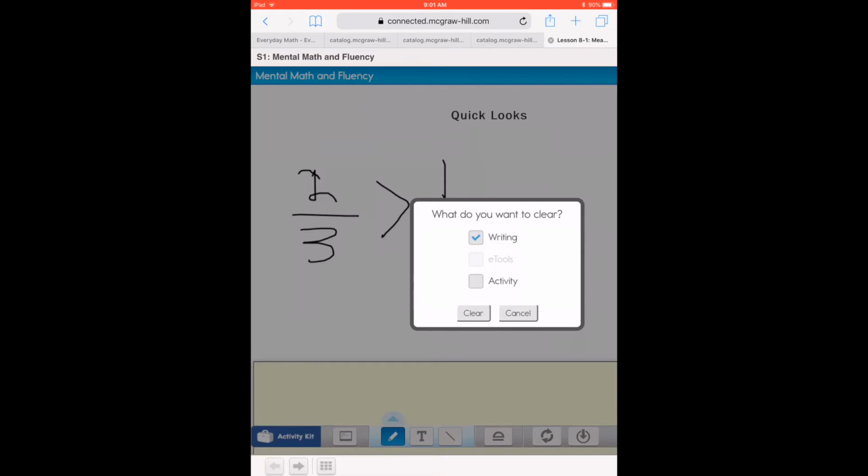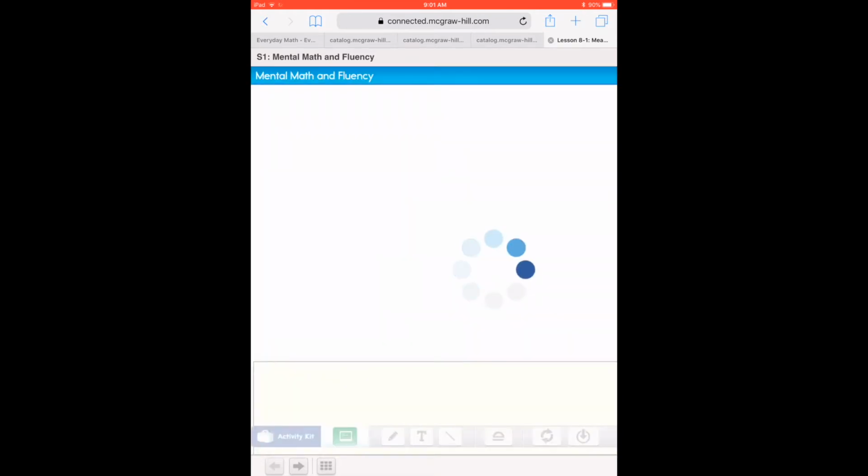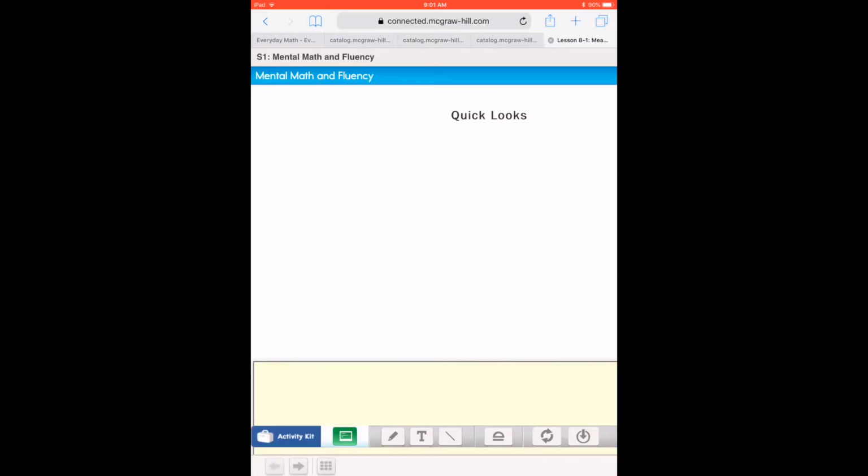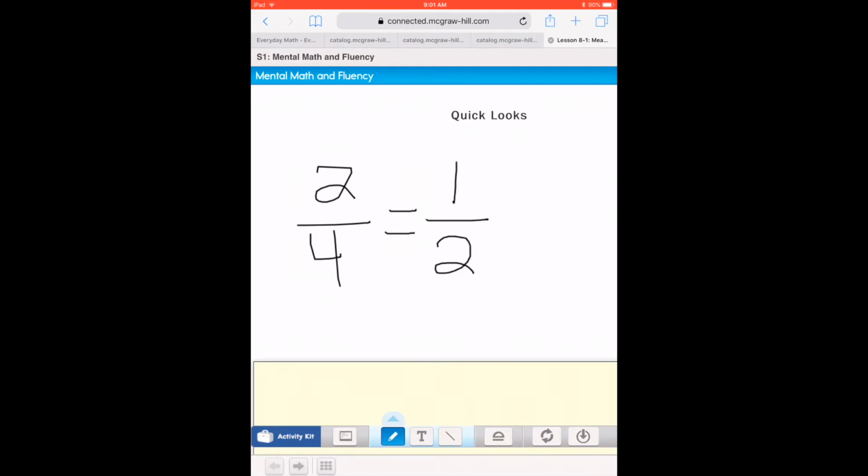All right, let's look at the next one together. When you look at the shaded part of this fraction circle, is it greater than, less than, or equal to 1/2? So the shaded part of that fraction circle was 2/4. And 2/4 is equivalent to 1/2.